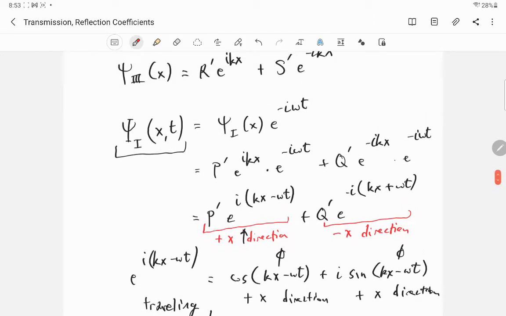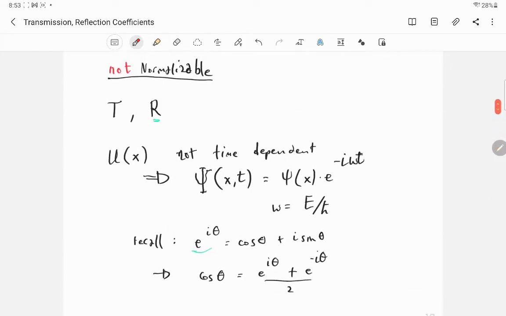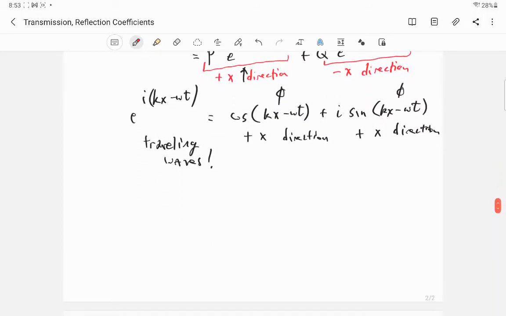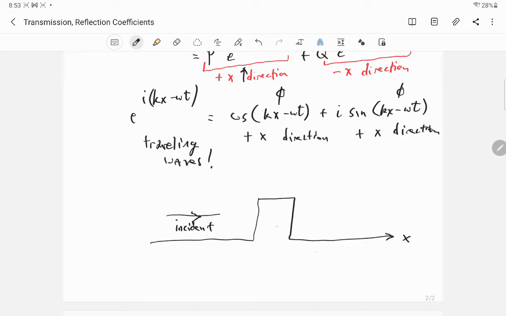So what P prime is describing, or actually let me redraw the potential. Right, so this is the potential. There are incoming or incident traveling waves. They head in the positive x direction, but there are also outgoing reflected waves.